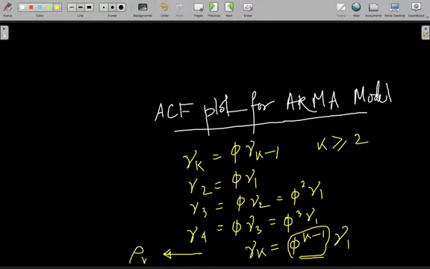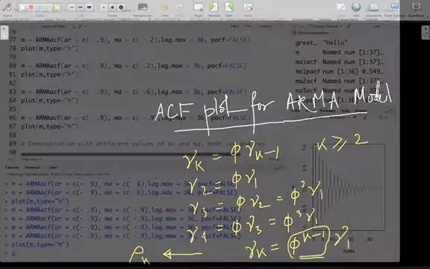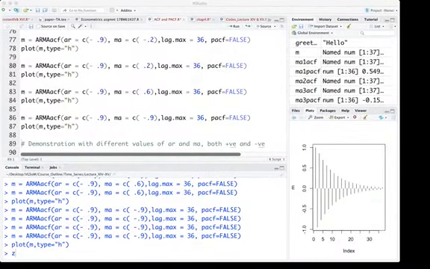Which means my ACF plot for the ARMA model is going to be exactly similar to the ACF plot for the AR model, where we see basically an exponential decline in the ACF with the increase of the lag. Alright, so that's the theoretical part, and now we are going to see with R coding how that actually appears.